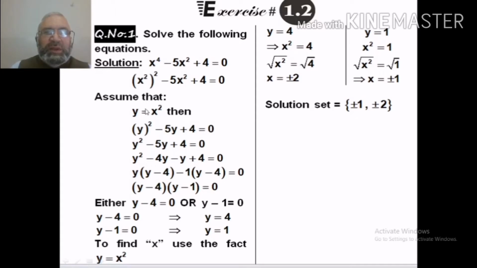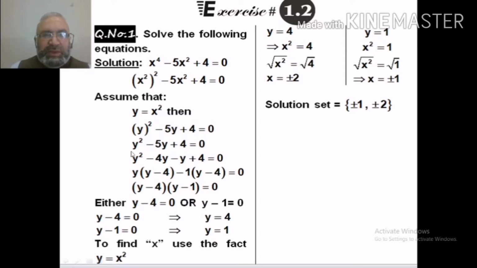So we get y square minus 5y plus 4 is equal to 0. Thus we get a quadratic equation. Now we can solve the quadratic equation by any one of the 3 methods: by factorization, by completing the square, or by the quadratic formula.